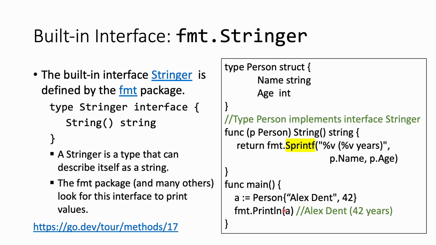But because the struct person implements the Stringer interface, this Println function will display the value of the person A in the format specified in the definition of this method. That is the name, Alex Dent, and then open parentheses, then the year, which is 42, and then the word years, and then close parentheses.